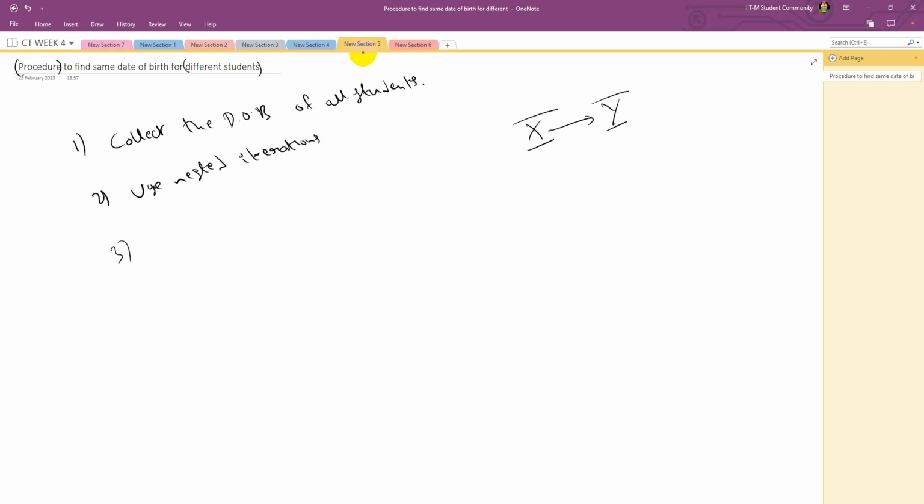This X is picked up and kept into loop number 2, I mean table number 2, and the current student is Y, and their dates of birth are being compared, right? So if they have the same date of birth, count it as a match and increase count. Count is equal to count plus 1. Please do this if it is found to be a match, right? This is what a nested loop does. And why do we follow nested loops?